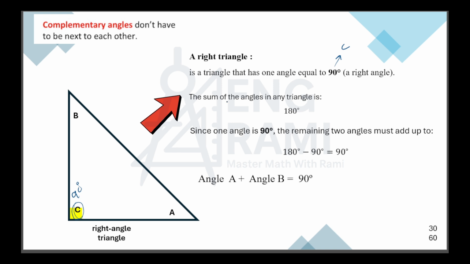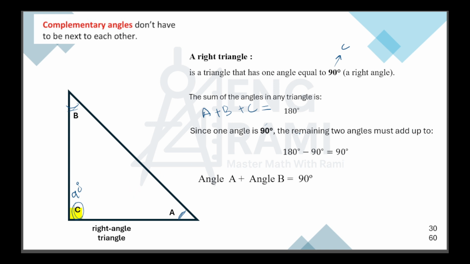The sum of the angles in any triangle is 180. We know that. A plus B plus C equals 180. Since one angle is 90 degrees, which is C, then the remaining two angles must add up to 90.